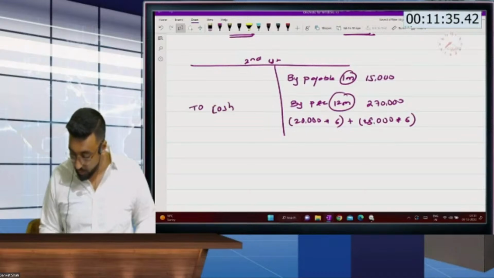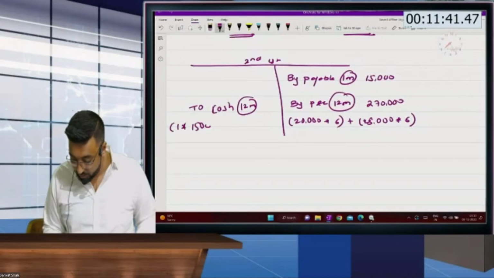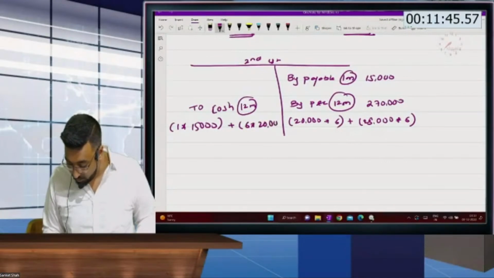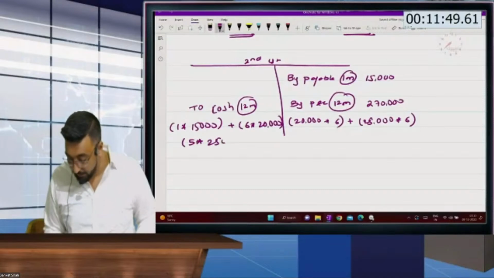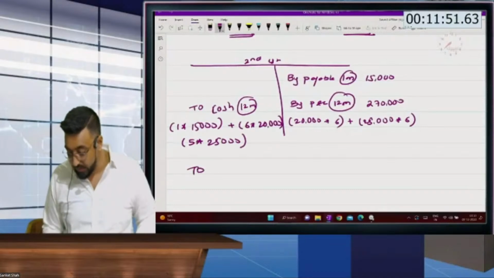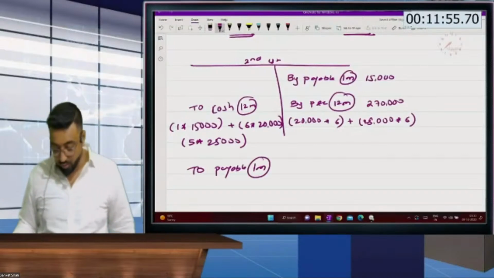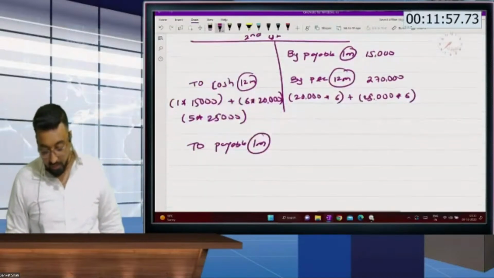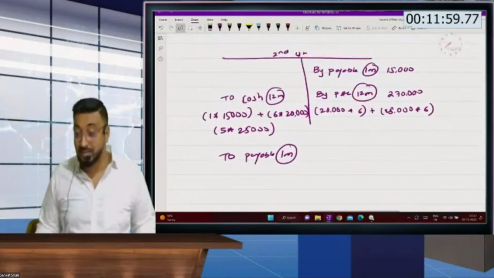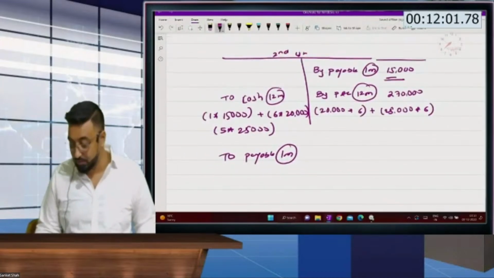To cash: now, beta, first you are going to pay cash of last year, 1 month into 15,000, plus 6 months into 20,000, plus 5 months into 25,000. Because last month you are not going to pay. You are going to pay only last year's 15,000.